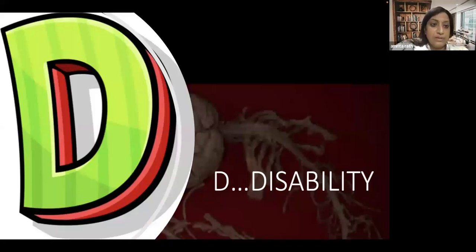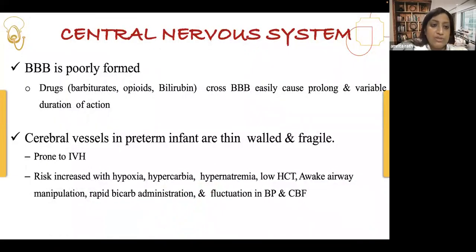Then D for disability. Again, this point you can always talk about. If it's a premature newborn, their blood-brain barrier is not well matured. So many drugs like barbiturates and opioids can cross the blood-brain barrier, and the CNS depressant effect on respiration secondary to the opioids can be a major problem. The second thing is that their cerebral blood vessels are fragile.